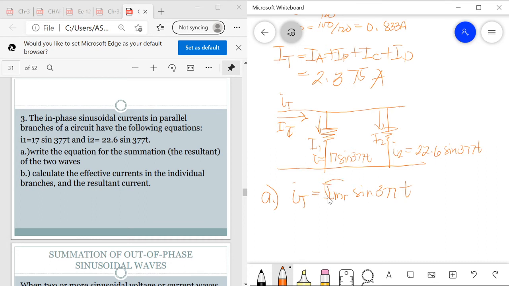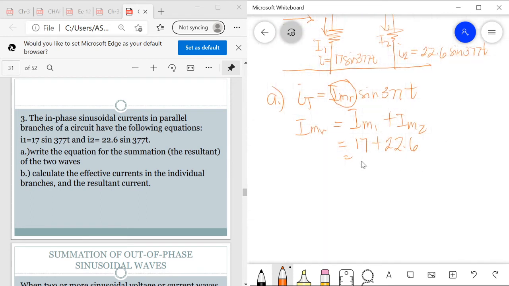So IM resultant will just be the sum of IM1 plus IM2 equal to 17 plus 22.6. So that is equal to 39.6 amperes. Our equation now will be equal to I total is equal to 39.6 sine of 377t.